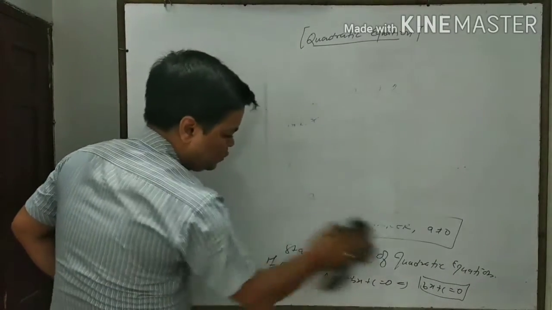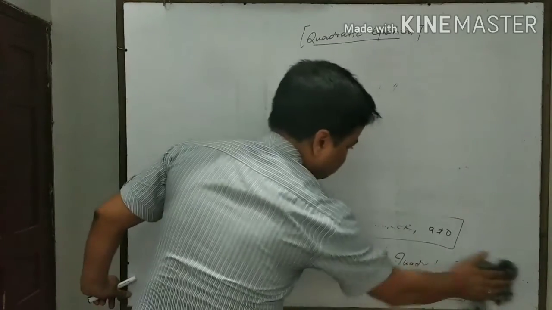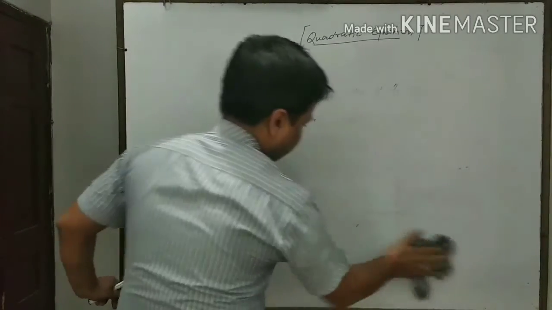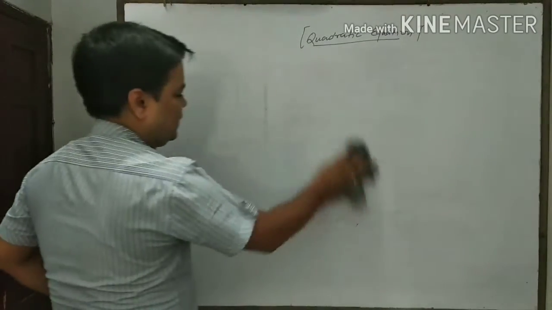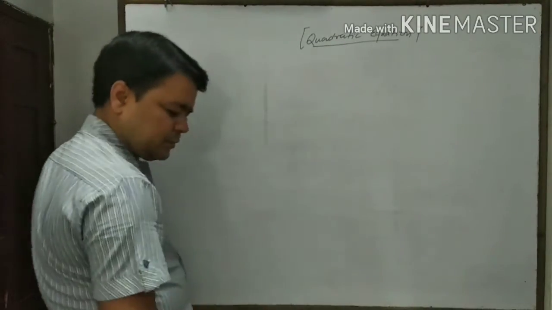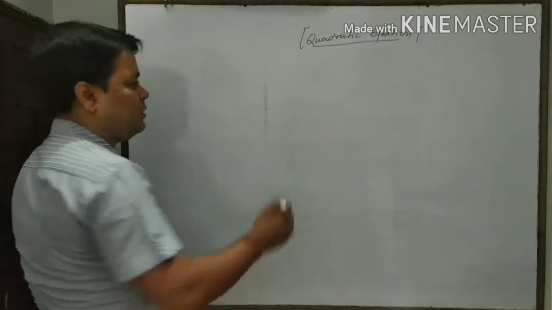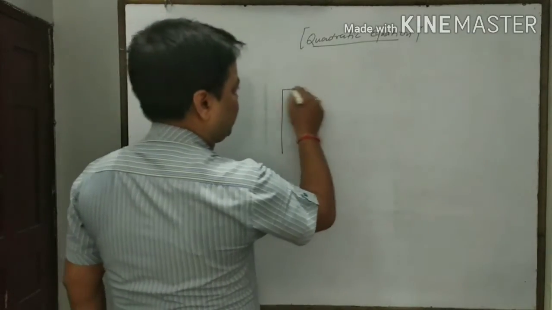Here, I am going to build a concept of the quadratic equation with the help of an example from daily life. Let us take one example. This is a rectangular field.